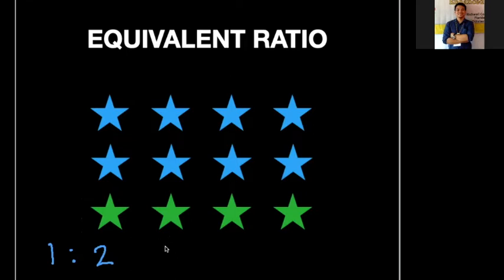We also have 2 is to 4, and 8, oh sorry, that is 4 is to 8. So all of this is the ratio of the green star to the blue star. So all of these are equivalent ratios.